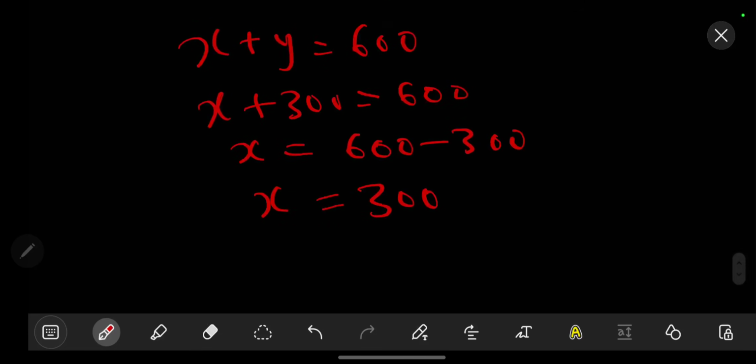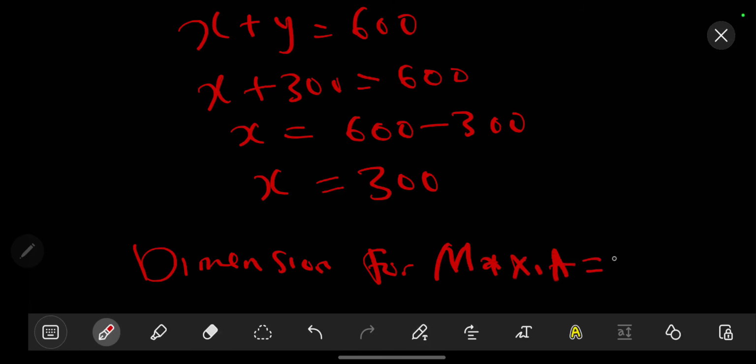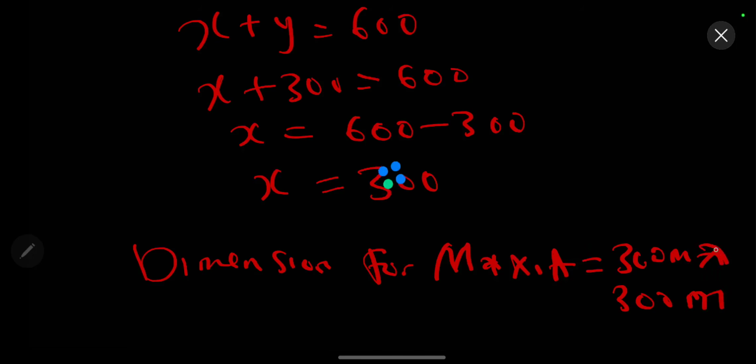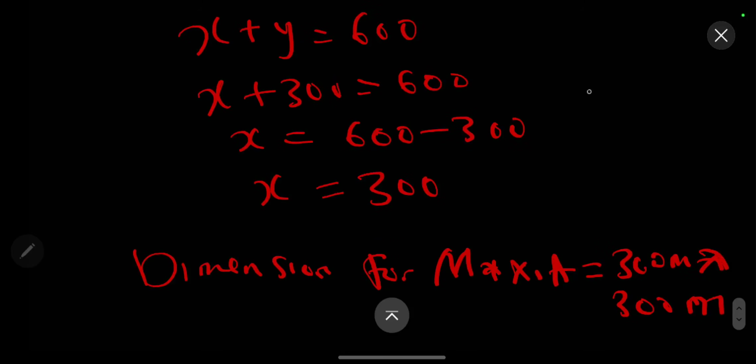So the dimensions for maximum area are 300 meters by 300 meters. That is how we obtain such values. Let's look at our last problem.